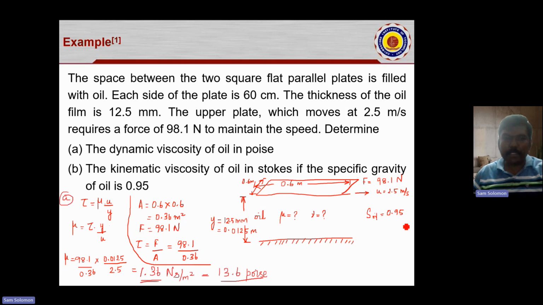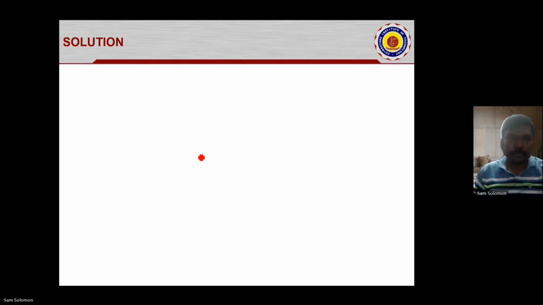The next question is, they want us to find the kinematic viscosity. So let's do that in the next page. So the dynamic viscosity, we have found that it is 13.6 poise or 1.36 Newton second per meter squared. The other detail that we have is the specific gravity of oil is 0.95.